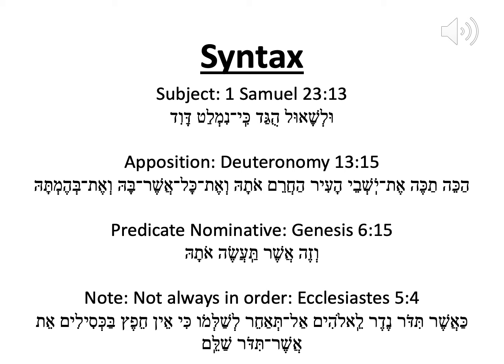However, it is not always in order. So in Ecclesiastes 5:4, we don't actually get the clause of the direct object until the very end of the verse. And so we need to be careful that we don't just simply assume that because something immediately follows the verb or the subject, that it is the clause. In this case, et asher tidor shalem is actually at the very end of the verse. So be careful that you pay what you have vowed.